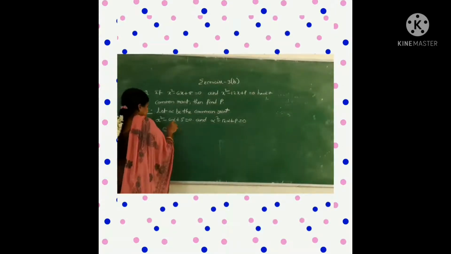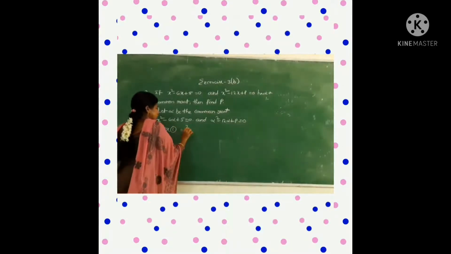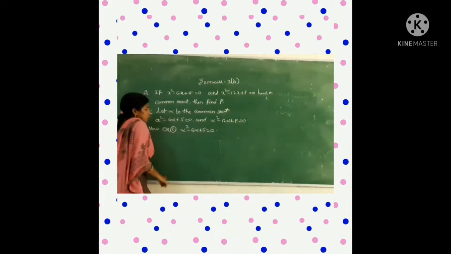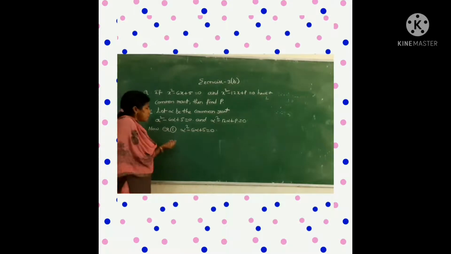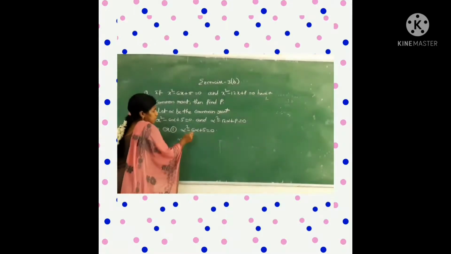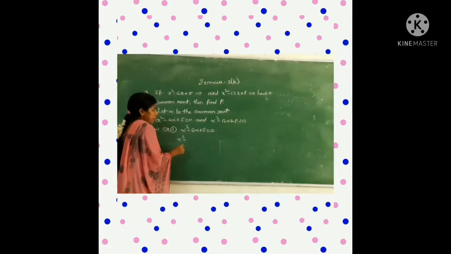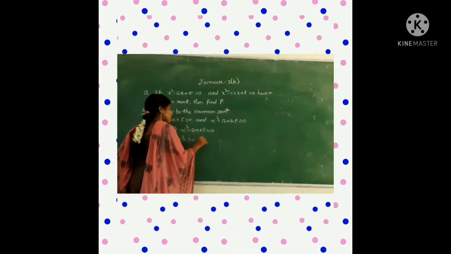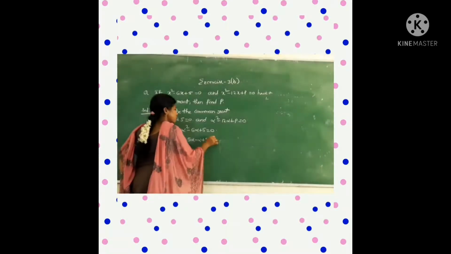Now equation 1: alpha square minus 6 alpha plus 5 is equal to 0. What are the factors of this equation? See here, alpha square minus 5 alpha minus alpha plus 5 is equal to 0.